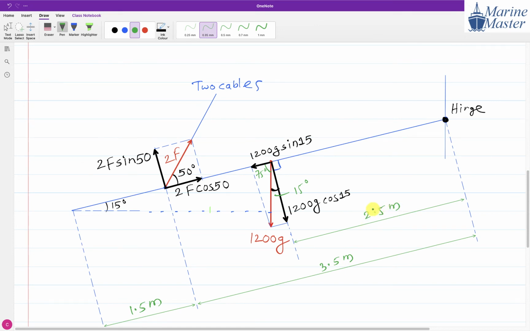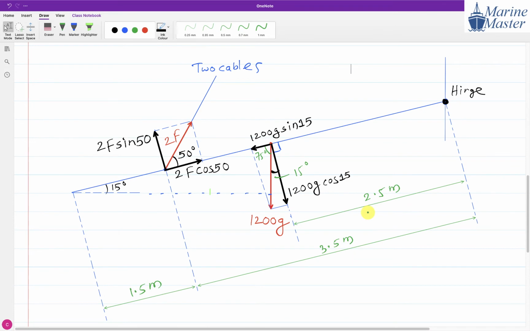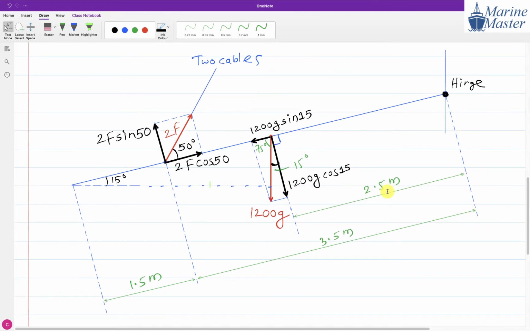Any doubt in this discussion? No, sir. So for this 1200 G cos 15, the perpendicular distance is 2.5 meters. So things will now become very, very easy in the moment calculation. What do we have to do further?